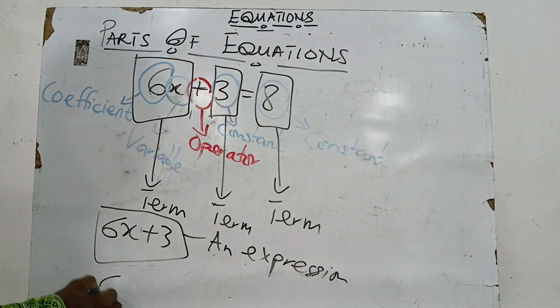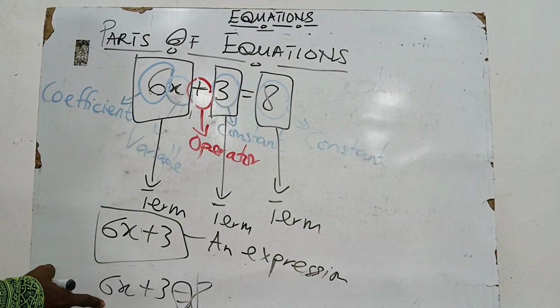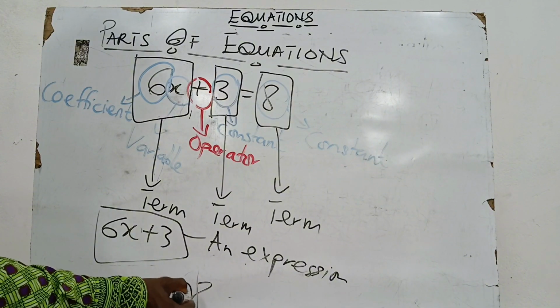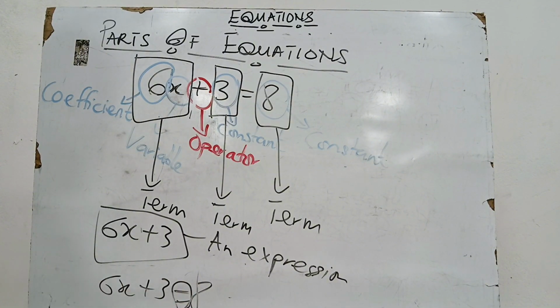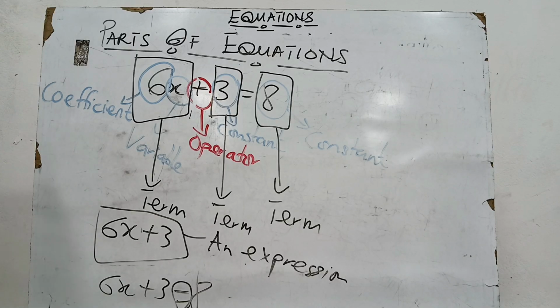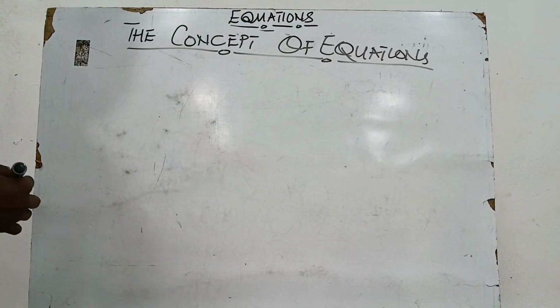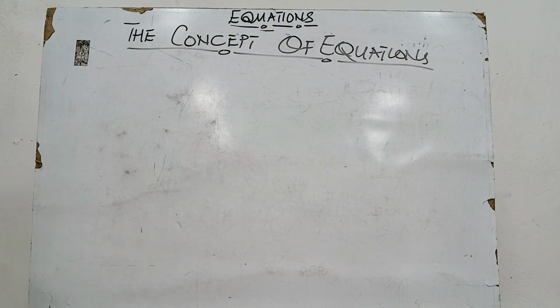But immediately we had 6x plus 3 equal to 8, because of the equal to sign, it is no more an ordinary expression, but an equation. So these are the parts of an equation I want you to at least know for now. Great.